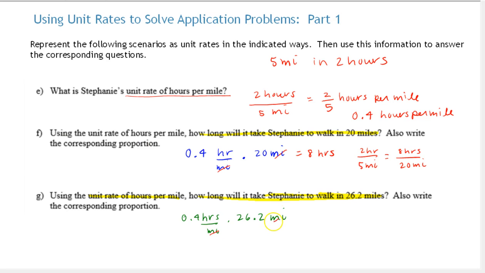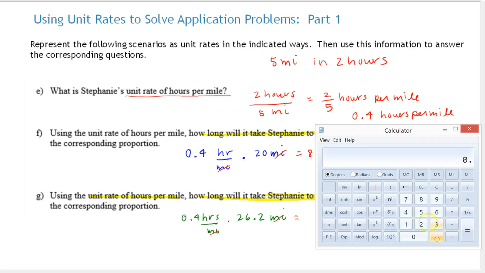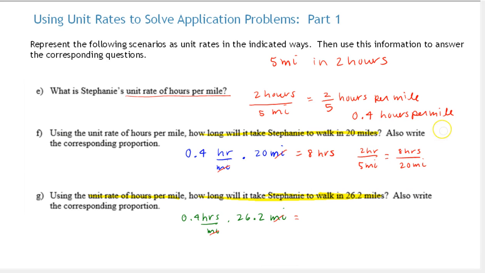Noticing the miles cancel. Multiplying, we have 0.4 times 26.2, 10.48, and our units are hours. So if she walked at a constant rate of 5 miles in 2 hours, or 2.5 miles per hour, it would take her 10.48 hours to walk a marathon.